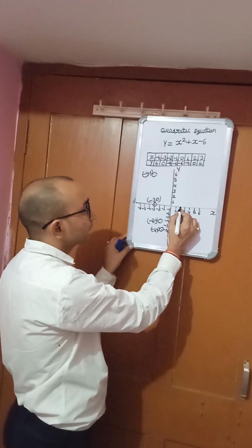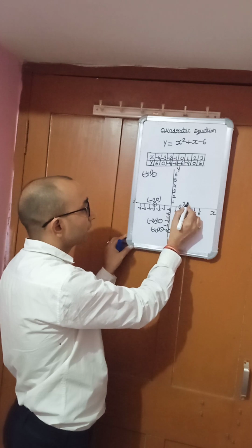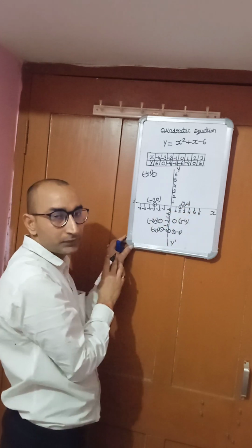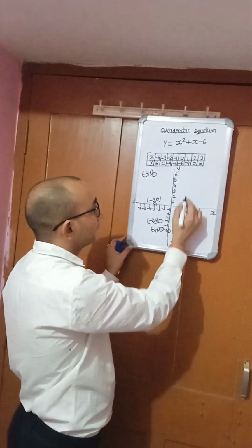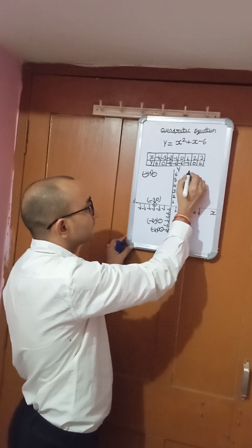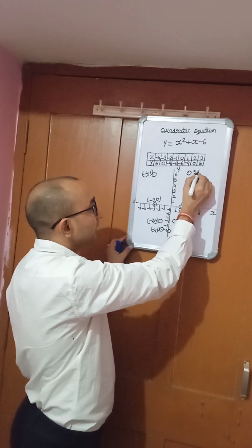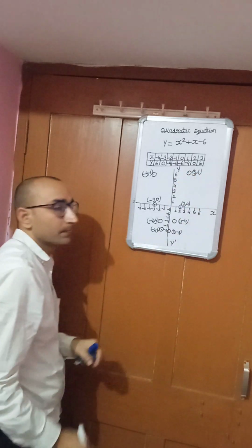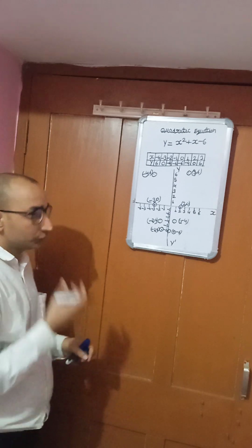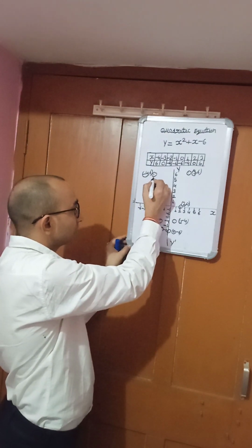X equals 2, y equals 0. X equals 3, y equals 6. So join these points by freehand.